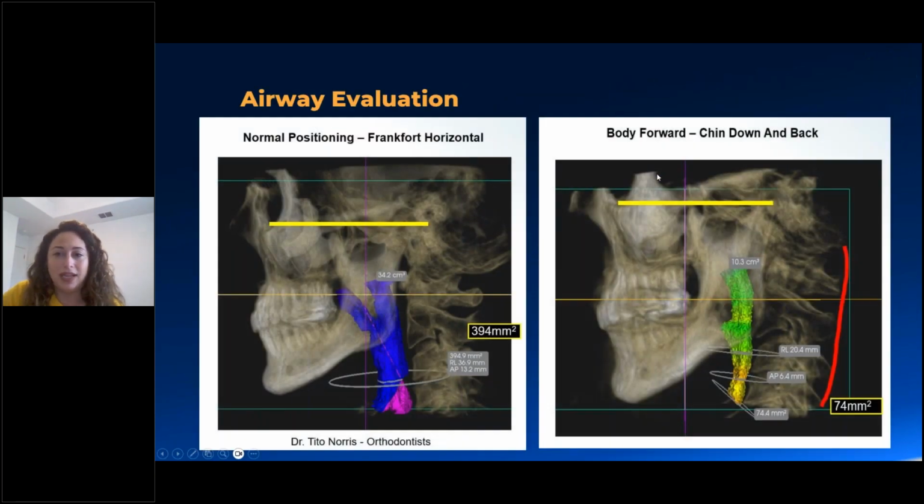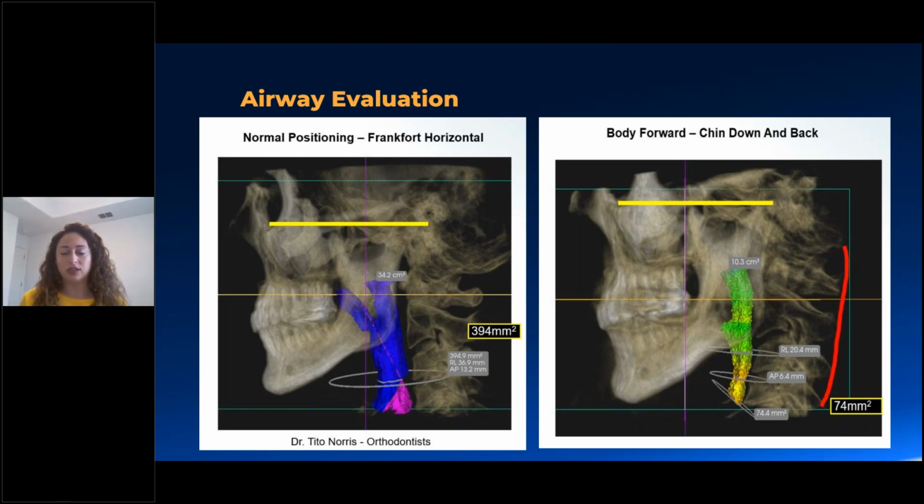Another example is using CBCT for airway evaluation. These are two different scans of the same patient. It's actually an orthodontist in San Antonio, Dr. Tito Norris, who took the scans on himself. So you can see that the airway cross-sectional diameter, the oropharyngeal cross-sectional diameter changes depending on the position of the patient.